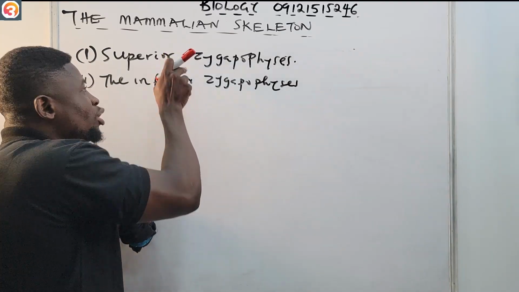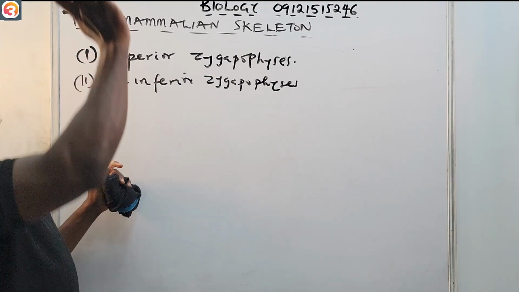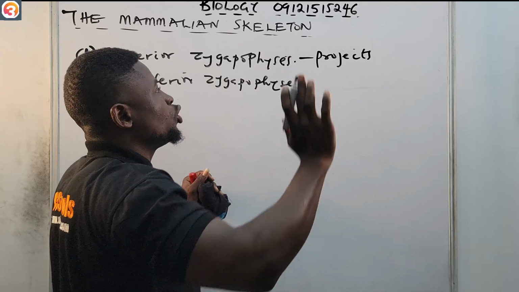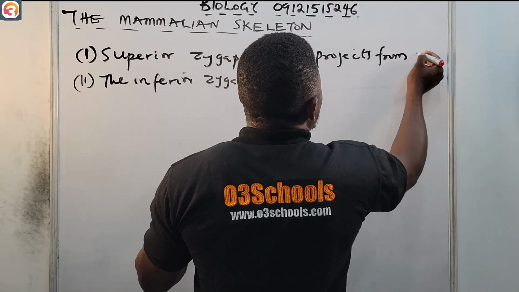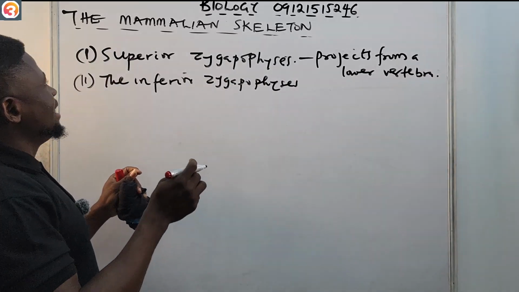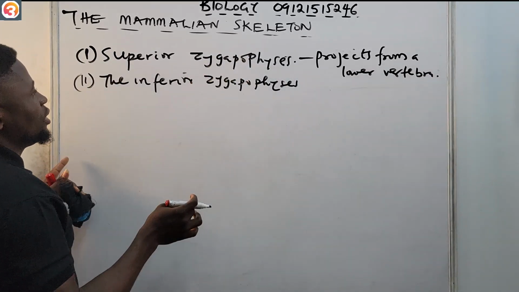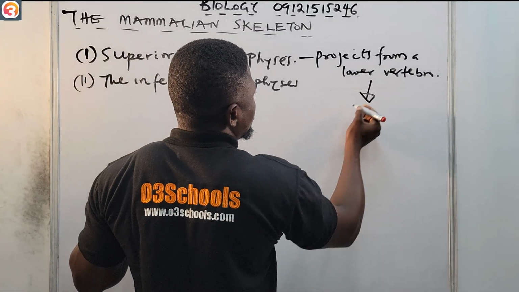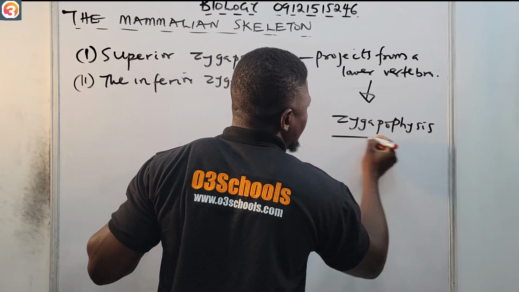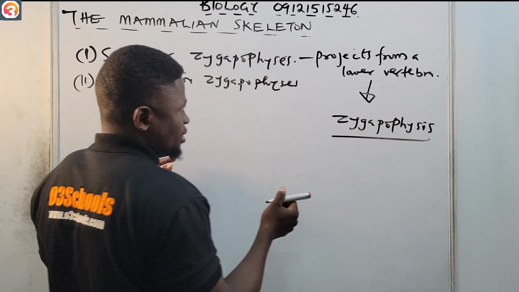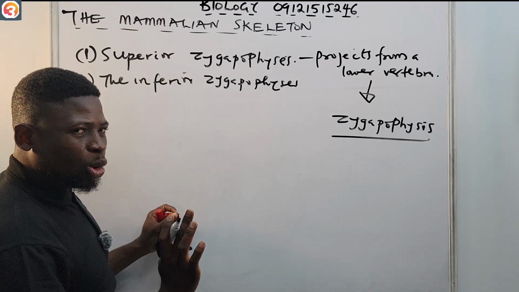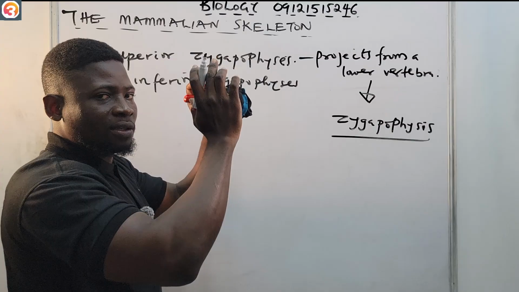The superior zygapophysis projects upwards from a lower vertebra.